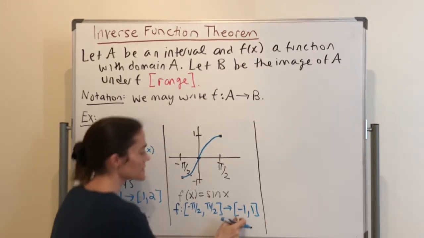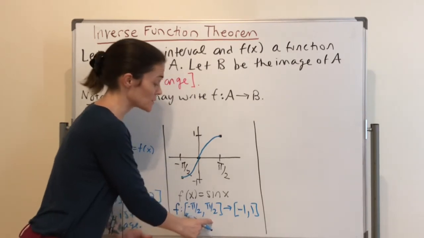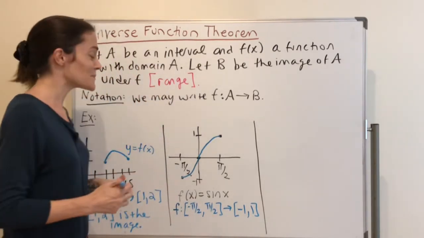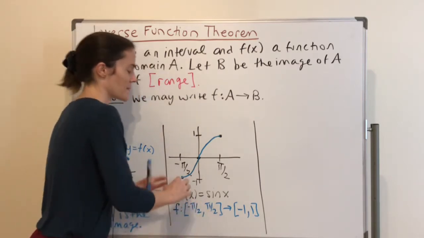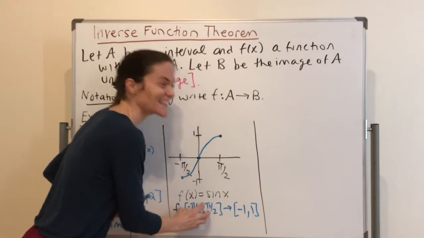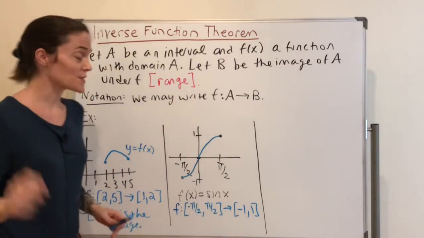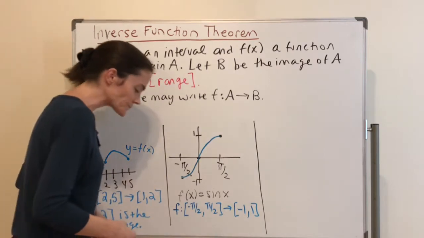I could change this closed interval to be the whole real line. F goes from minus infinity to infinity onto minus 1 to 1 is also a true statement.